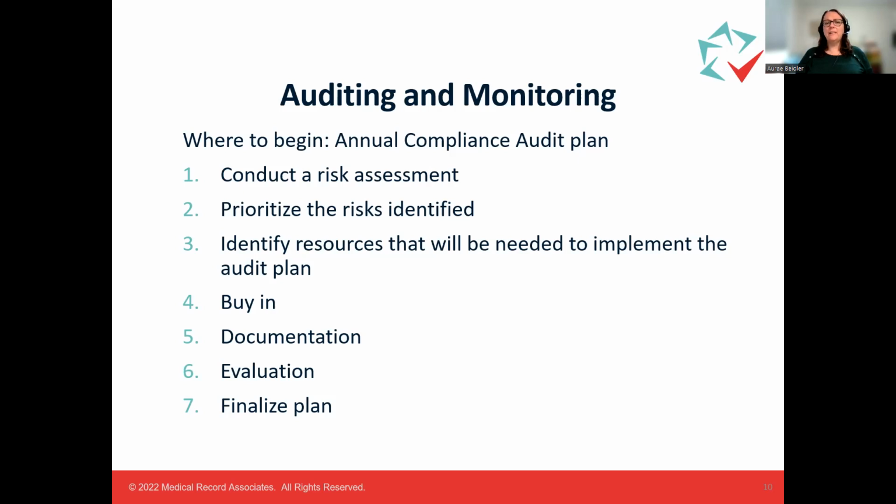You also want to have buy-in from leadership, from your board, from the service line leaders who will be working on these audit functions, and really identify with them the why we're doing this. You also want to have documentation of your risk assessment function and how you've prioritized things and why you're maybe not looking at some of the lower risk areas that year, and how you're going to reassess the next year.